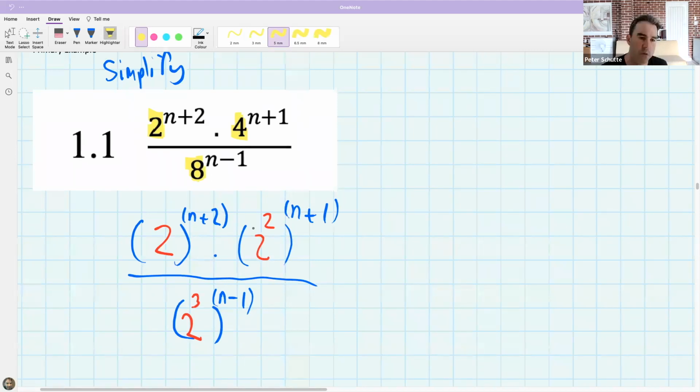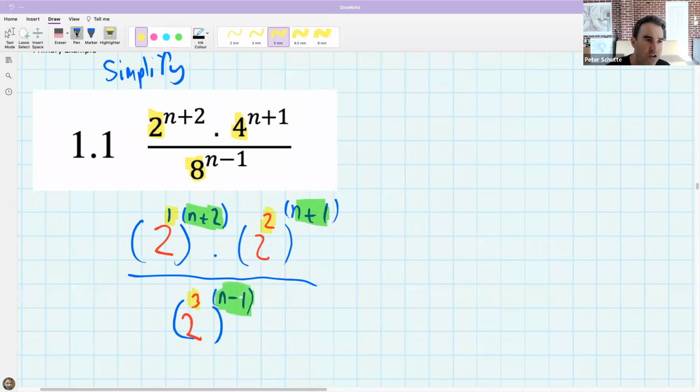We have to multiply this 2 by this n plus 1, and the n plus 2 has to be multiplied by the 1. And then here, this has to be multiplied by this.